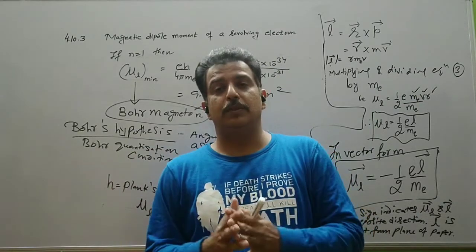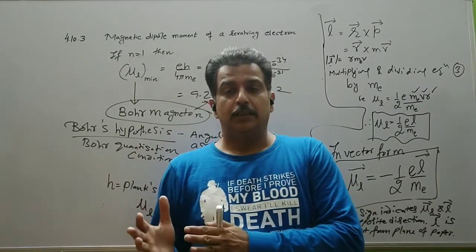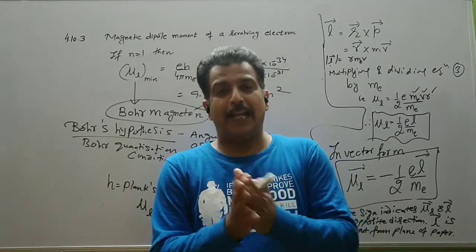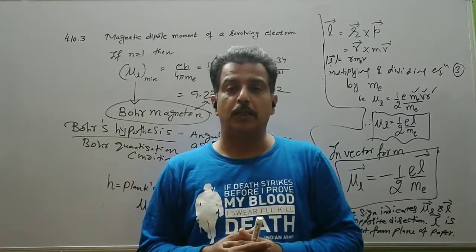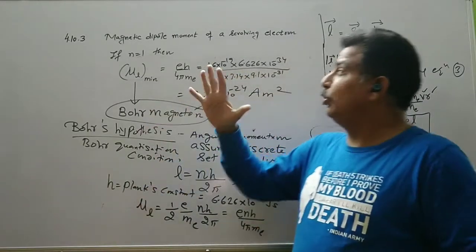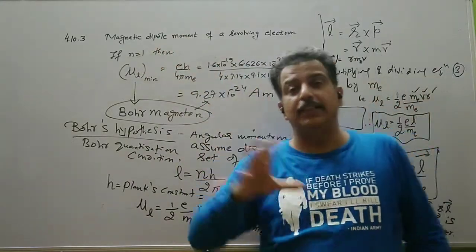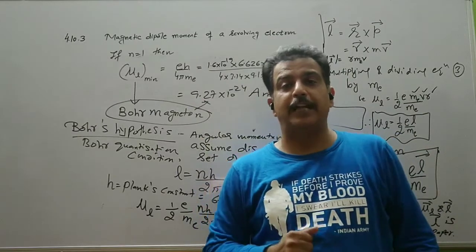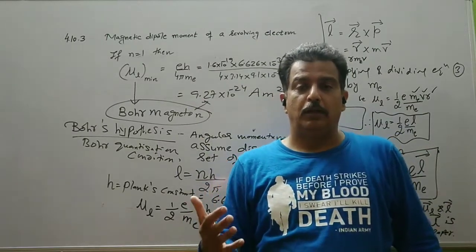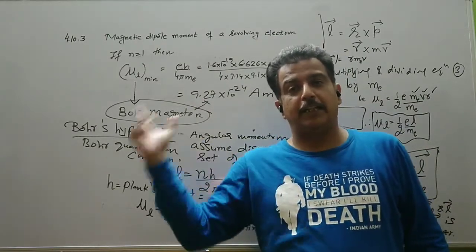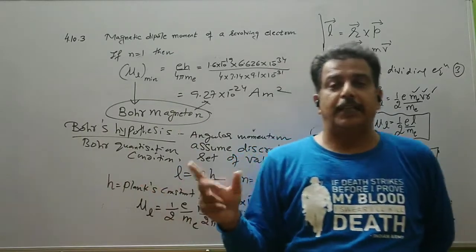So the atoms, like polarization, will also align when they are subjected to a magnetic field, because whenever we are dealing with a magnetic dipole moment, it means we are dealing with a magnetic dipole. When we keep an electric dipole in an electric field, there is a torque.